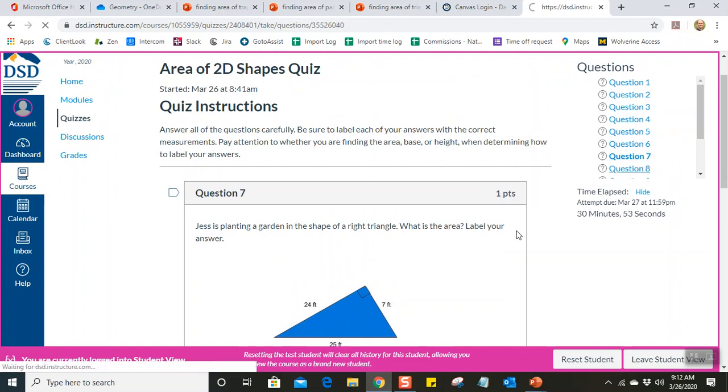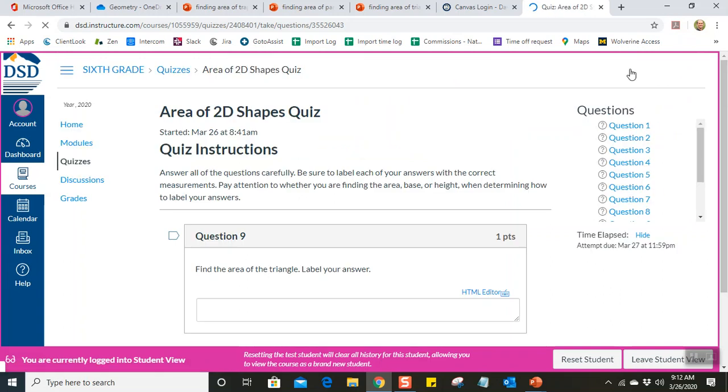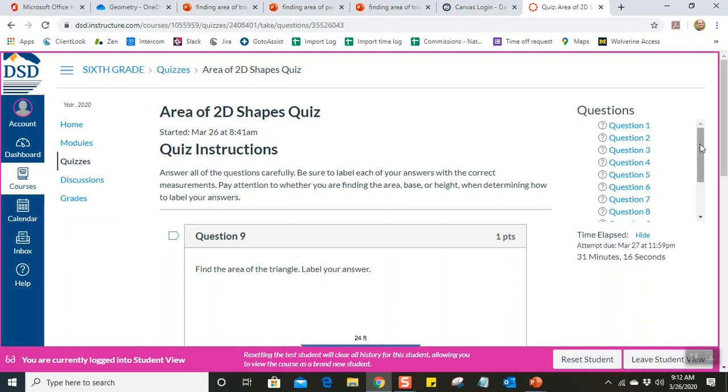Question 8, area of parallelogram. Okay, base times height. That one's pretty easy. Just make sure your math is correct. Question 9, area of right triangle. Look at this one turned upside down. However, we don't have any other sides labeled, so that makes it really easy. Base times height divided by 2.